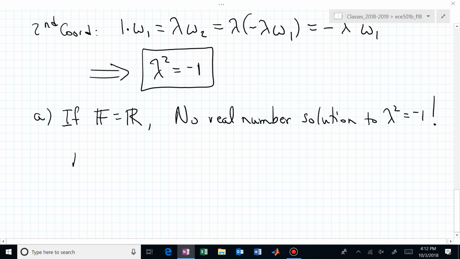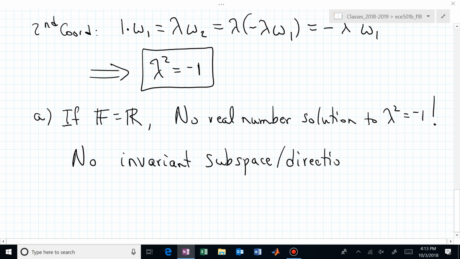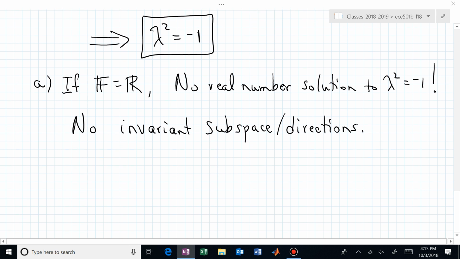So that says if we're working on the field of reals, then there's no invariant subspace, or no invariant directions exist. And that makes sense, because what does this map do over the field of reals? It does this 90-degree rotation counterclockwise.